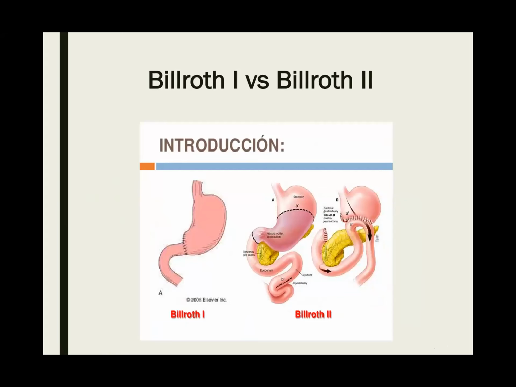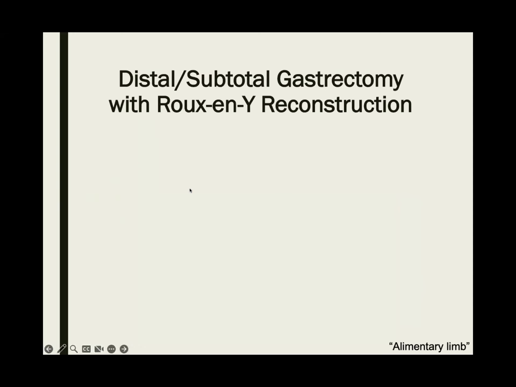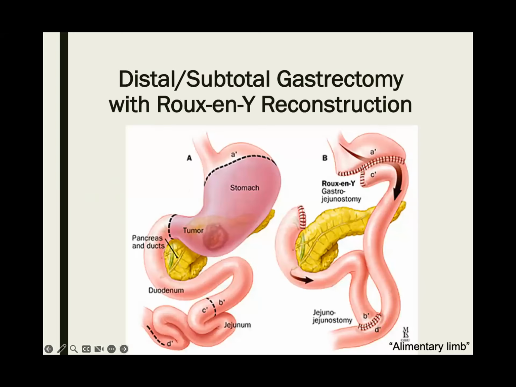And accordingly, since we are removing a major part of the stomach, the complications with Billroth 2 would be more common, okay? And we also have the Roux-en-Y procedure, which is removing most of the parts of the stomach.